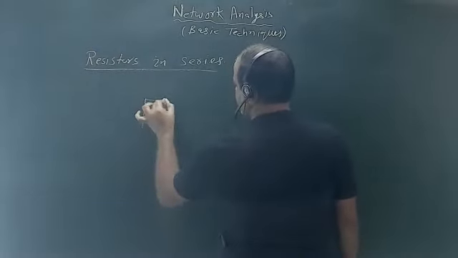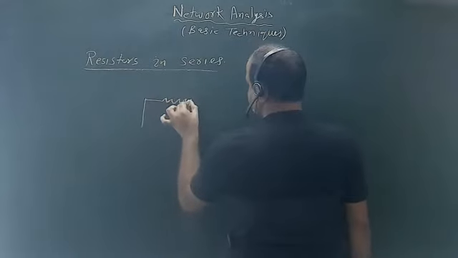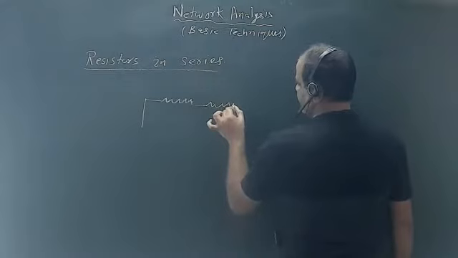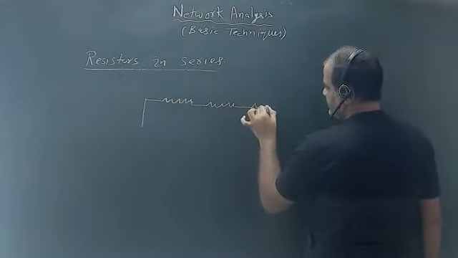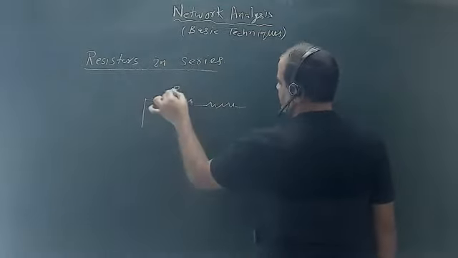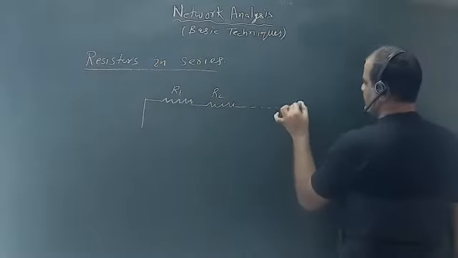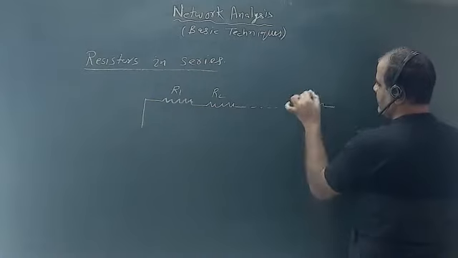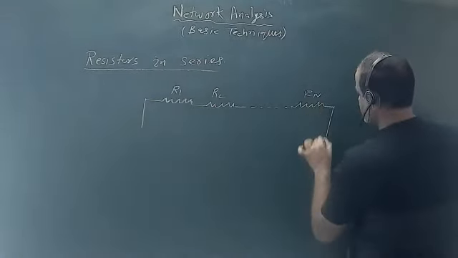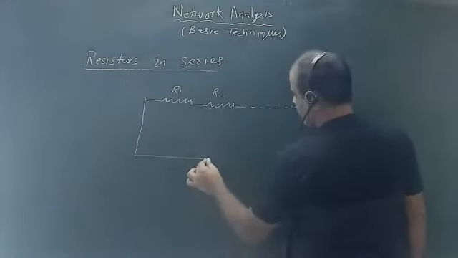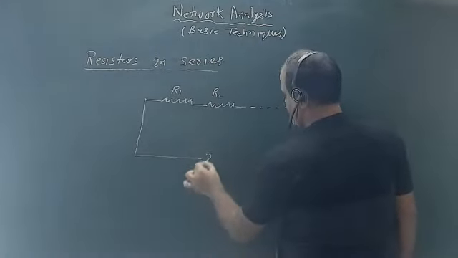That resistances are connected in sequence in such a way that same current flows across all the resistors. Okay, so say this is R1, this is R2, say this is Rn. Okay, and here I'm applying this battery, V.